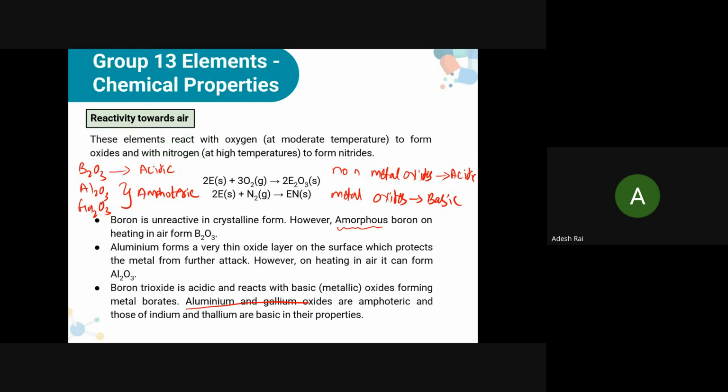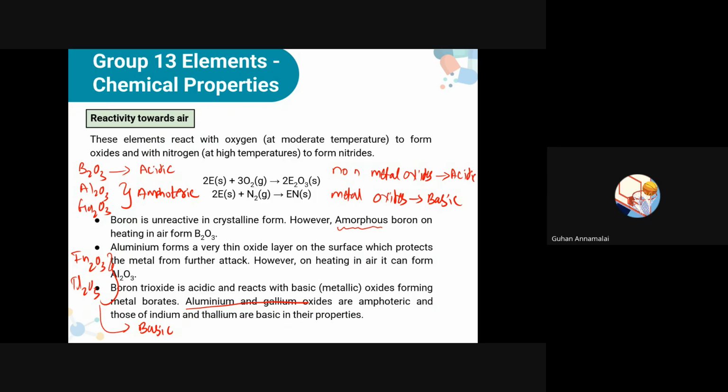And the last two are indium, so In2O3, and the last one is Tl2O3. If I ask you about these last two, what are they? Their nature is basic oxide. They are basic oxides. Understood?